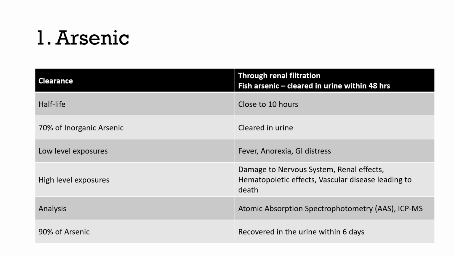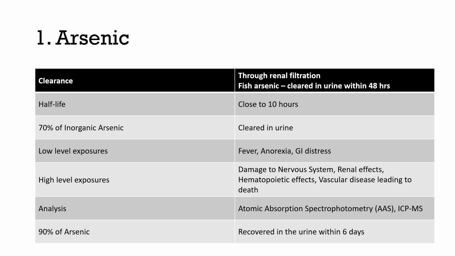First, we have arsenic. Okay, clearance is through renal filtration. However, fish arsenic can be cleared in urine within 48 hours. The half-life is close to 10 hours, and 70% of your inorganic arsenic is cleared in urine. Low-level exposures can give you fever, anorexia, or gastrointestinal distress.